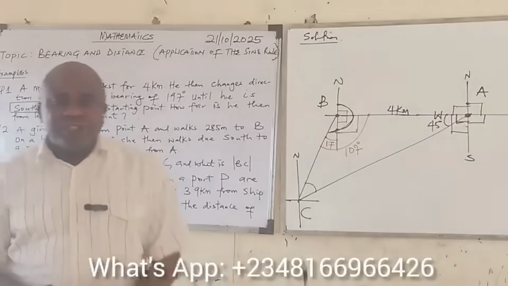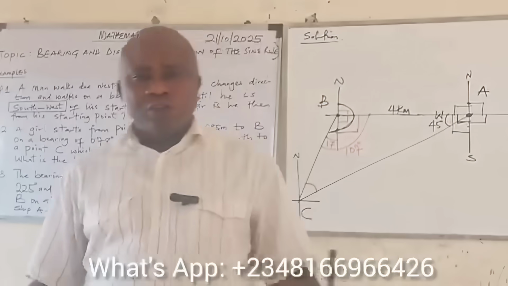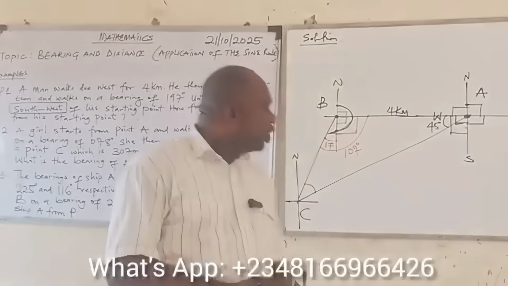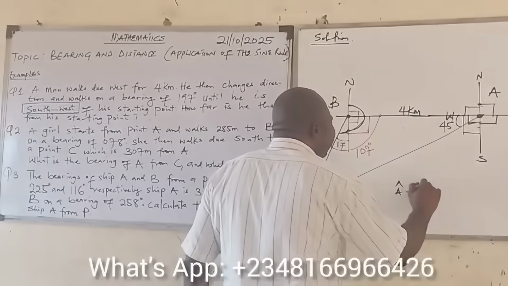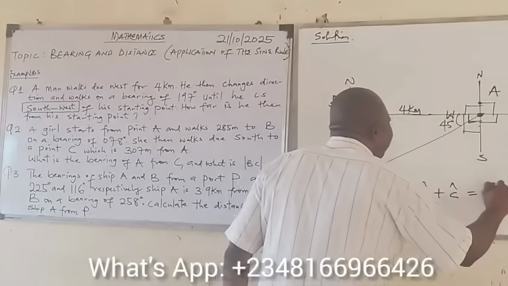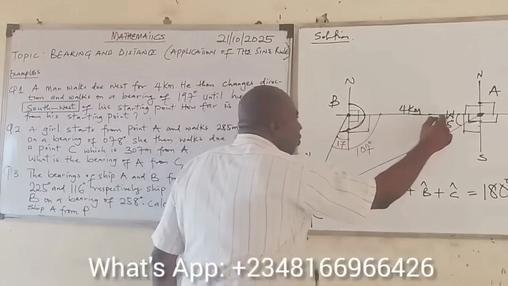Remember, when treating the sine rule, I mentioned that the sum of angles in a triangle is equal to 180 degrees. So angle A plus angle B plus angle C is equal to 180 degrees.